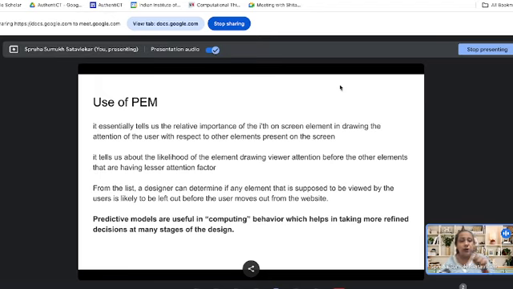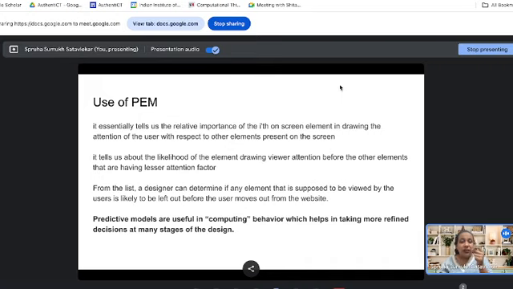Okay, so I will draw this F, and what users usually do is first they traverse the first line of the screen, start from the left top of the screen, go towards the right top of the screen, and if there is nothing of interest, there is a chance that they might scroll through the screen in a vertical direction, even at the left hand side, and then they will look at the middle portion of the screen.